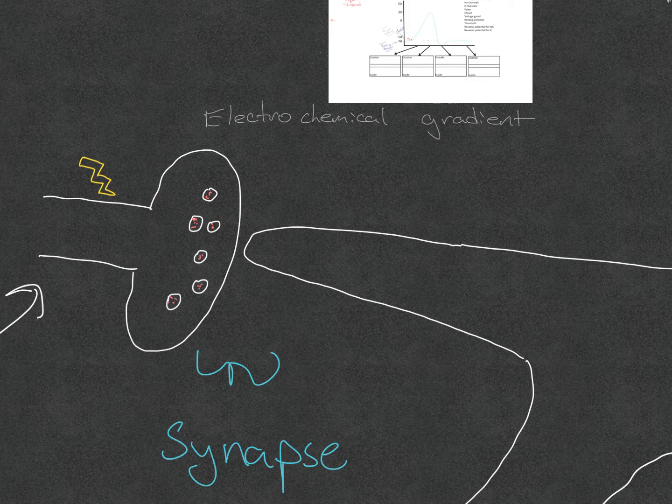As soon as sodium starts rushing in, making the inside more positive, the voltage across the membrane changes, and that opens other channels. The voltage-gated channels here open.